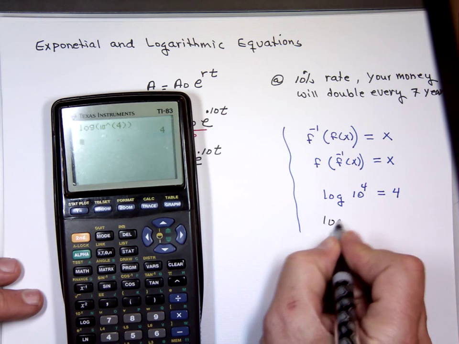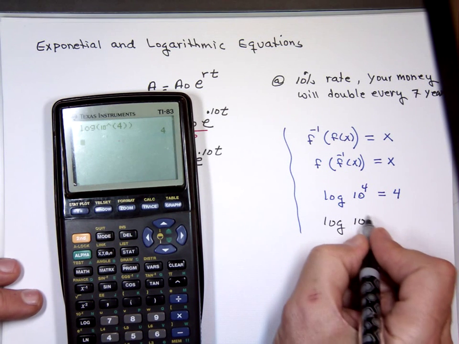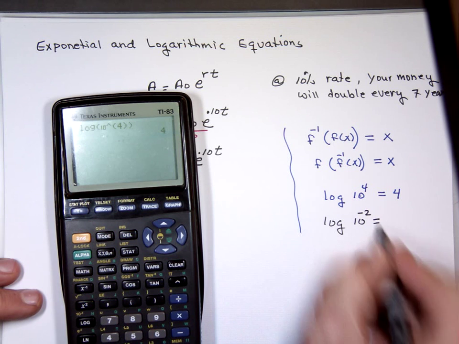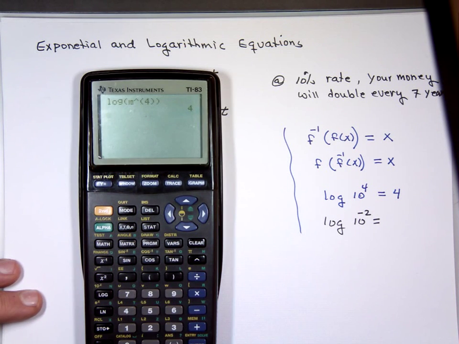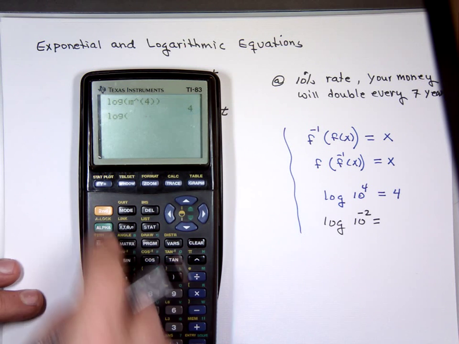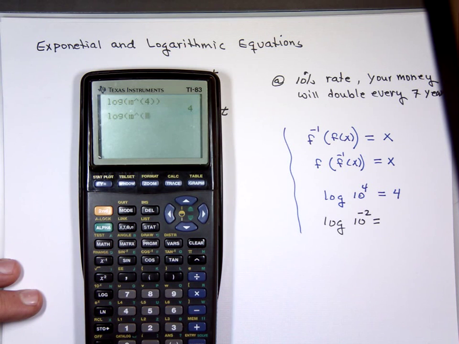What's the log of 10 to the power of negative 2? What do you think the answer is? Try it. Could it be negative 2?